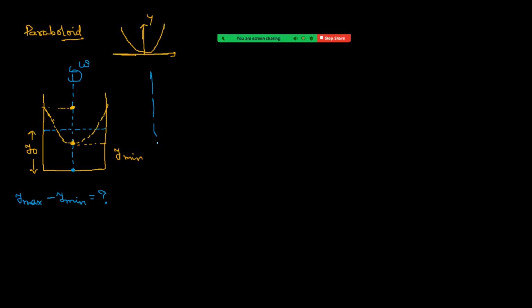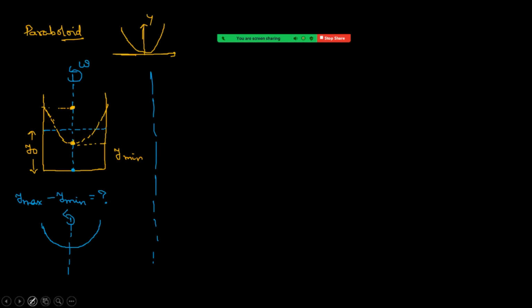Let us see. So first consider the free surface. It is now a paraboloid. This is the axis of rotation.